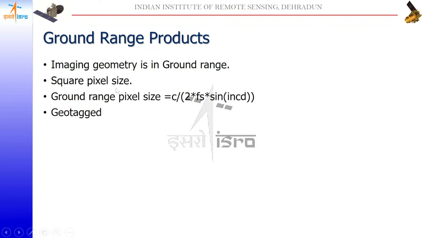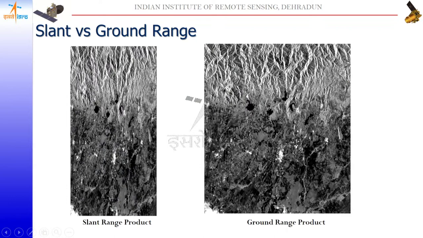Okay, so in the ground range product, we will try to make the pixel size of the image a square. So the ground range pixel size is given by C by 2fs upon sine of incidence angle, and it is also geotagged. So you can see the difference between the slant and the ground range. This is the slant range product.